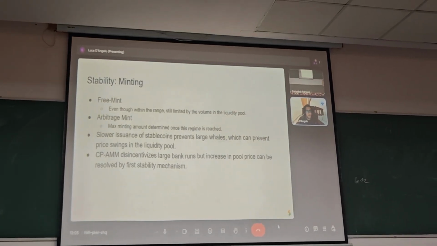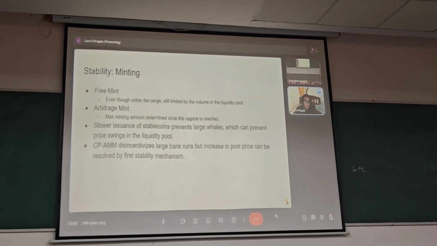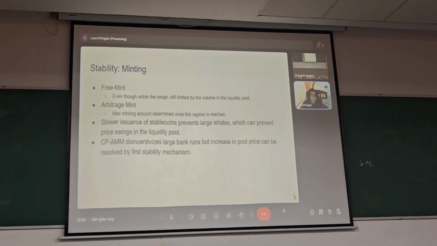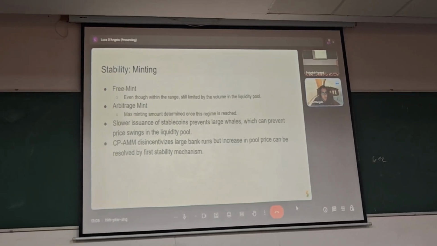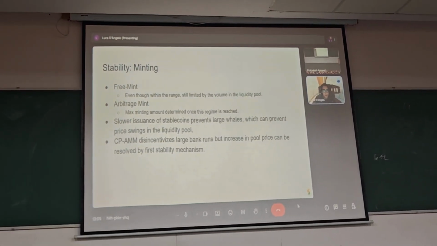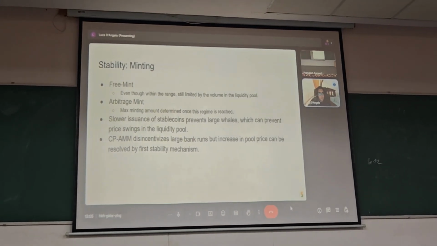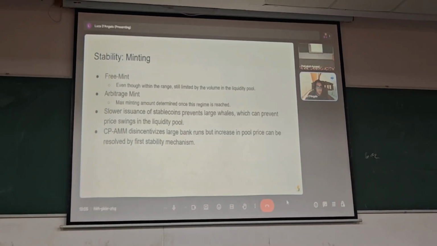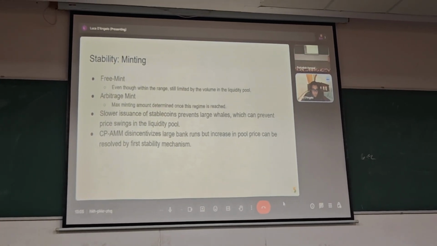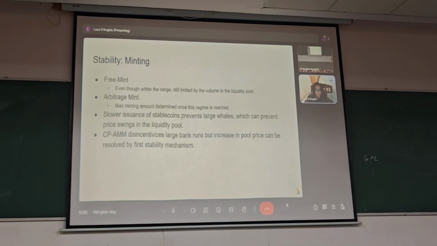Minting also helps with the stability because you're not able to mint all the time, right? It's restricted. Even during the free mint range, even though you're within the range, you're still limited by the volume of the liquidity pool. And in arbitrage minting, the maximum you can mint is determined by the values in the liquidity pool once you reach this rule.